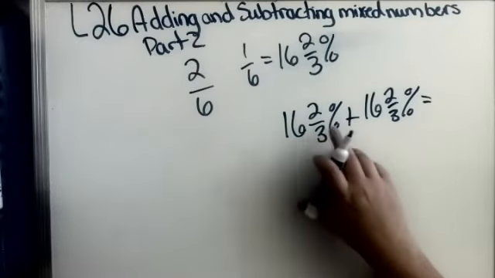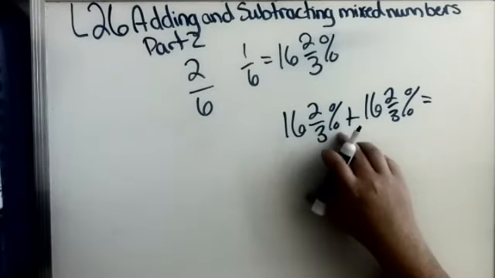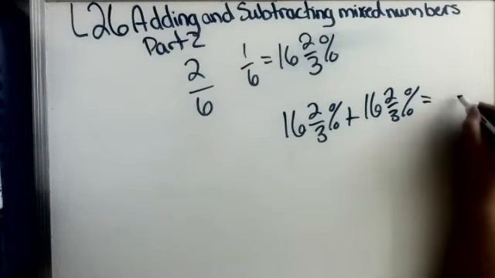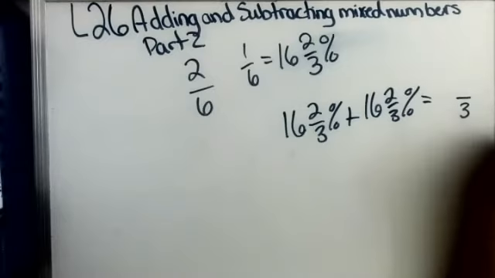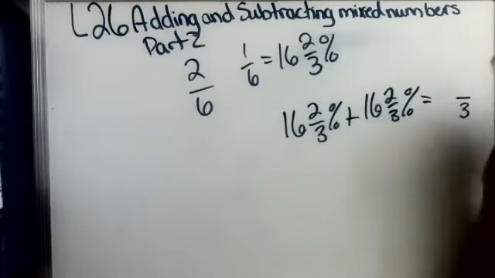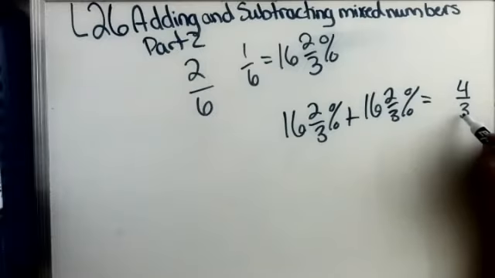Now we do our addition. I always start with the fractions because the mixed numbers might change depending on what the fractions are. Bring over your denominator just as normal, and then we add 2 and 2. 2 and 2 is 4. Now this makes my numerator bigger than my denominator, which means I have a whole in here I need to separate.